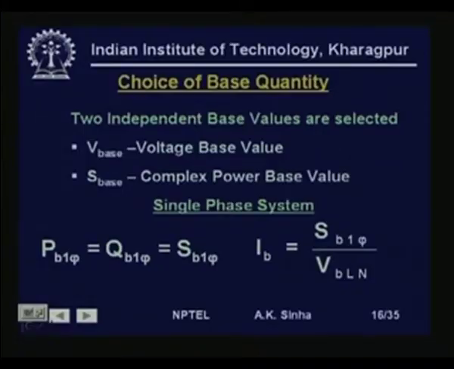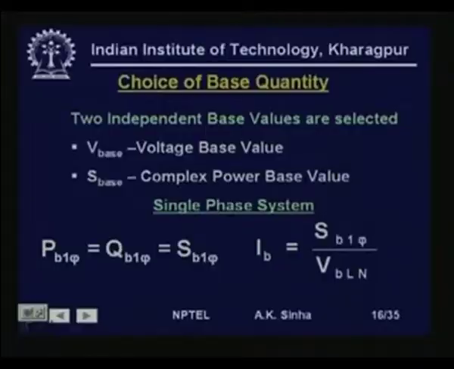The 2 independent base values which are selected for per unit representation in a power system are generally the base voltage value and the complex power base value. So, we use V base and S base as our reference values, and the values for Z base, that is the impedance base, and the current base I base will get derived from V base and S base.